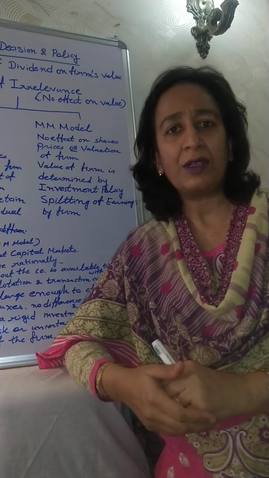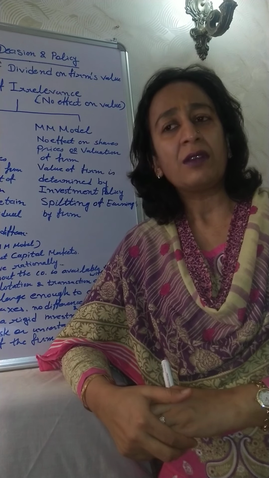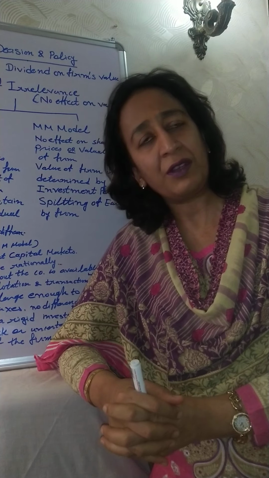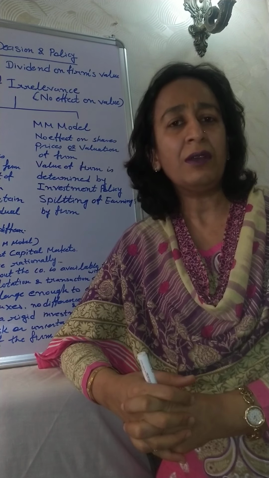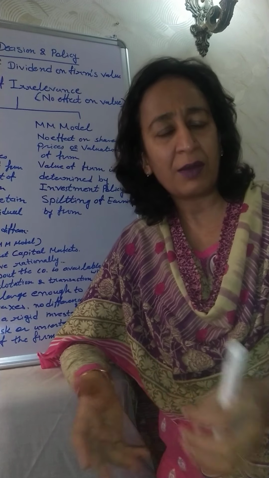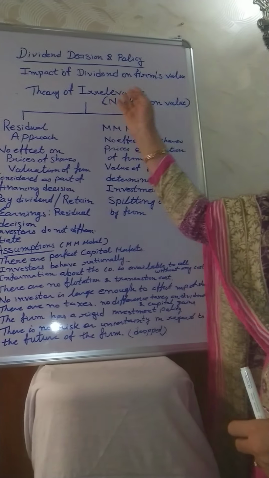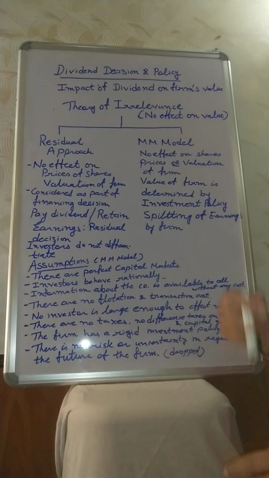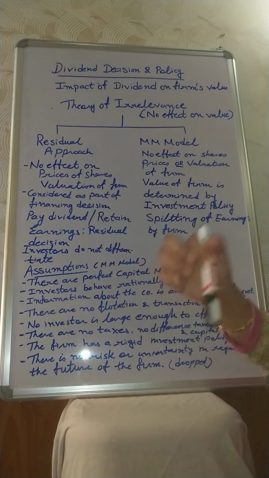There are two theories. The first theory is the theory of irrelevance, whereby it is considered that there is no effect of the dividend decision on the value of the firm, and as per the relevance theory, there is an effect of the same. Fine. Now let's start with the theory of irrelevance. In this theory, as we have already discussed, there are two approaches.